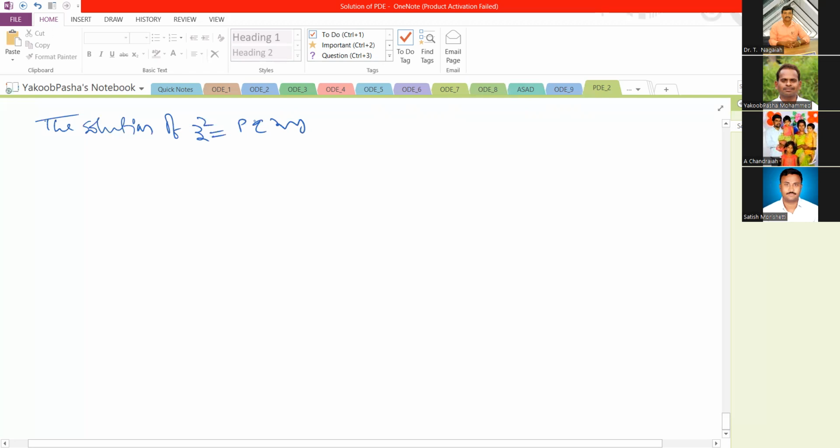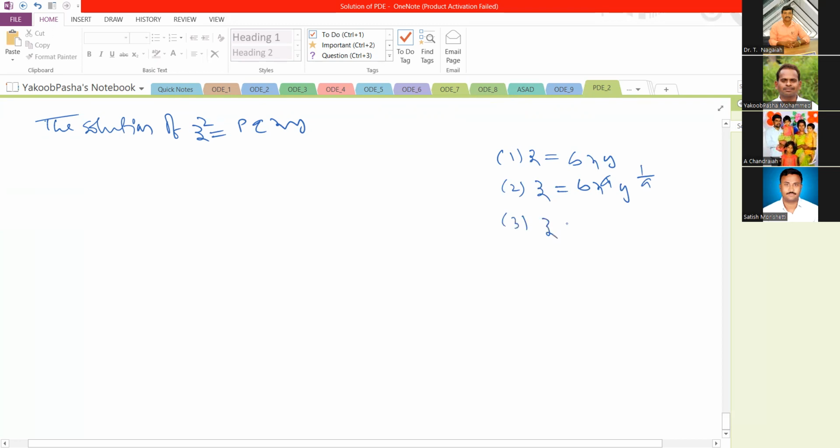Here I am writing the options. First option, z equal to bxy. Second option, z is equal to b into x power a into y power 1 by a.